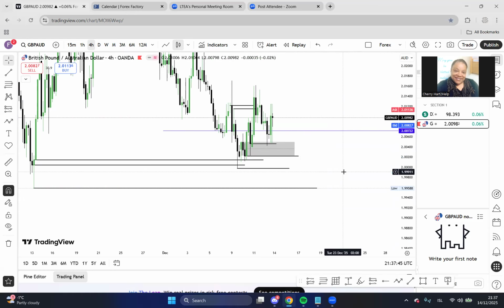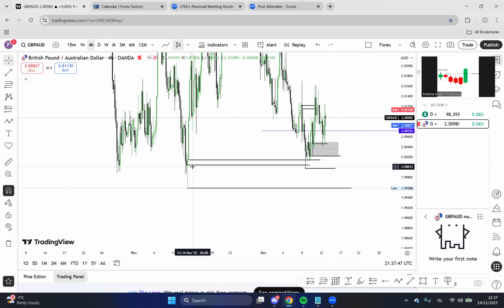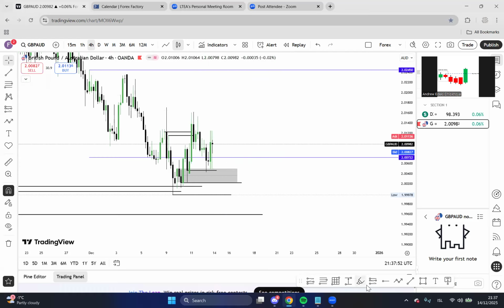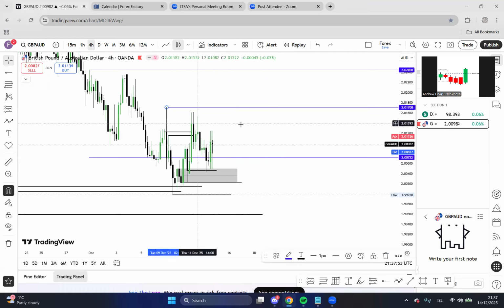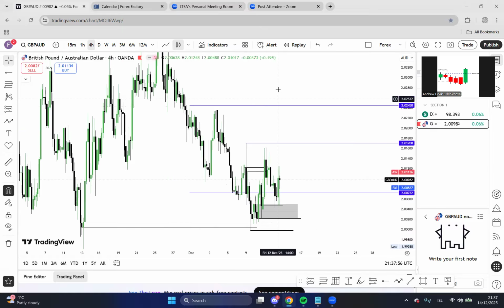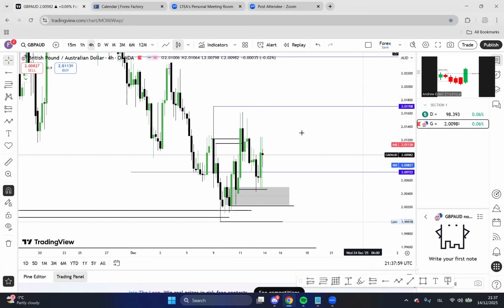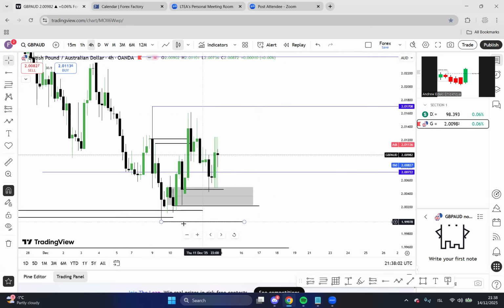Because right now, this is a level that you need to be looking for buying opportunity from, targeting all of this liquidity right here, probably to the upside. But if you fail, let's just do the way we trade.